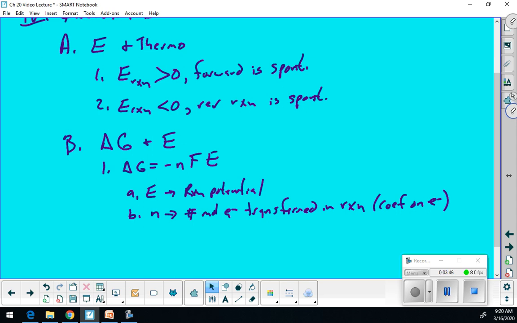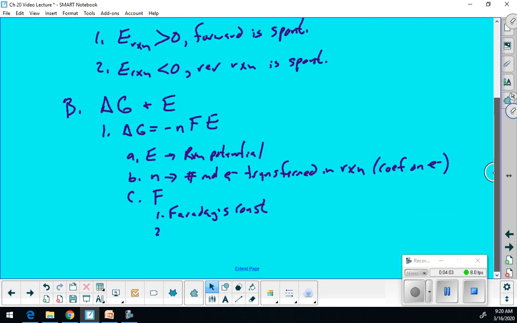All right, and then F is what we call Faraday's constant. You physics people like Faraday, right? It has a value for us.